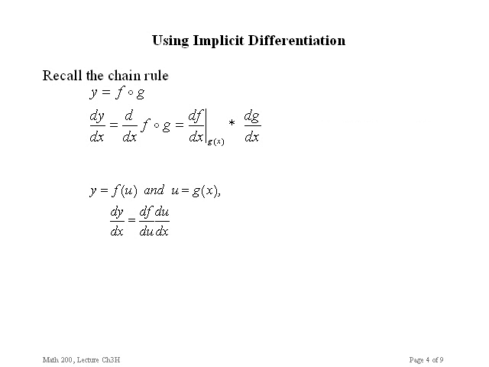To use implicit differentiation, you have to remember the chain rule. Here I'm going to use y because that's how we wrote it. Say y is the result of composing f and g. To take the derivative of y, we would take the derivative of the outside function and evaluate it at the inside function, multiply it by the derivative of the inside function.